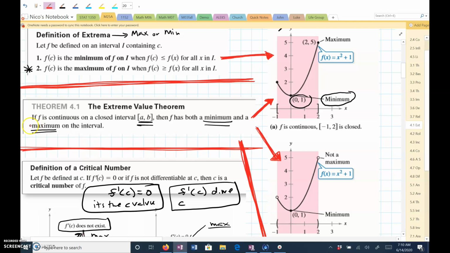Remember this theorem: if f is continuous on a closed interval [a, b], then f has a minimum and a maximum on the interval. Remember, an extreme value, or extrema, is an absolute min or max.